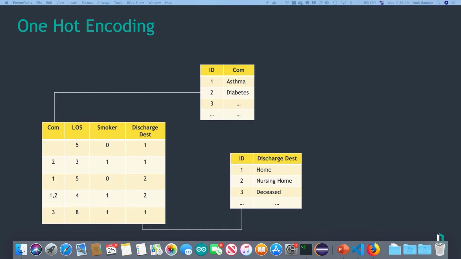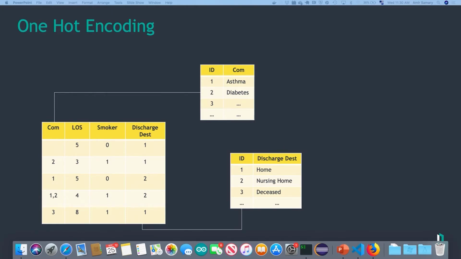For instance, the first column, for comorbidities, says it has this list, and it's translated into asthma, diabetes, and all the comorbidities, right? That in itself is another aggregation. Diabetes may be an aggregation of all the ICD-10 codes that mean diabetes.